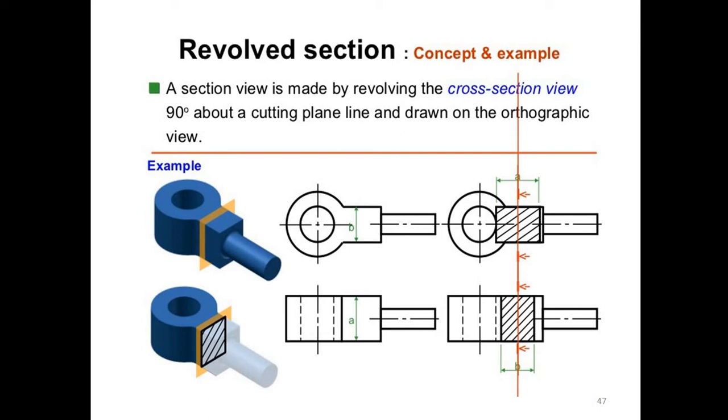When the same component is cut from the front side, how it looks in the orthographic projection, or revolved section, is shown in the figure. Then it is clear where we are taking the cutting plane, which is highlighted in the orthographic projection, and its dimensions are highlighted too, because the geometry will be defined from that cutting plane.